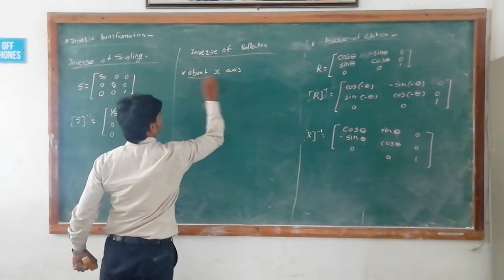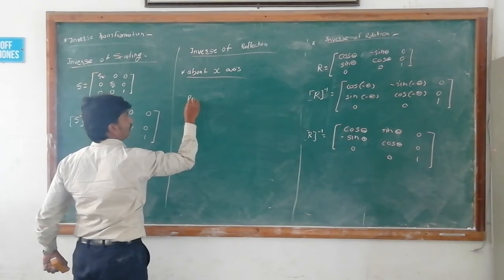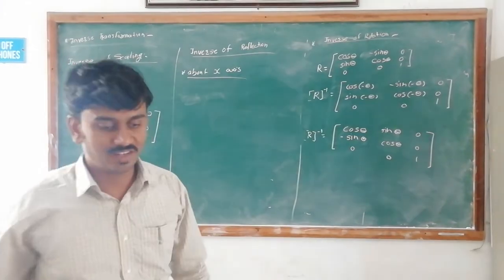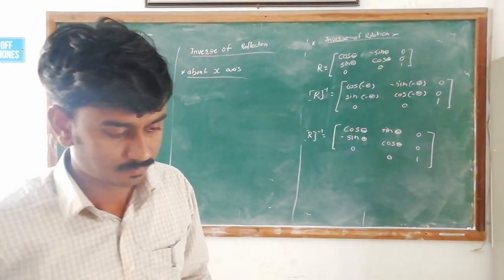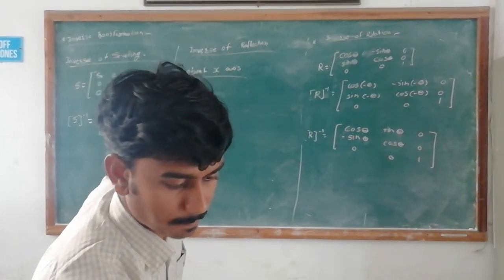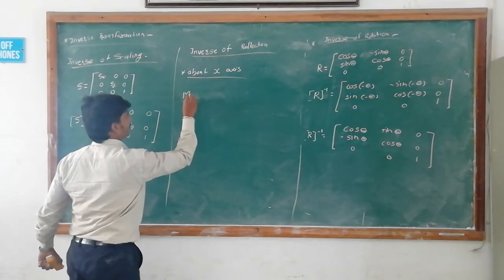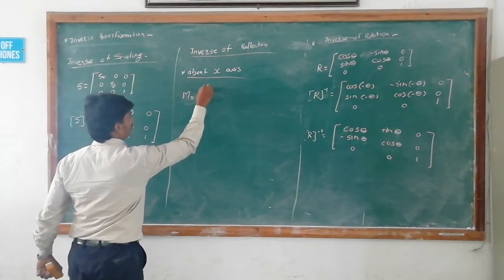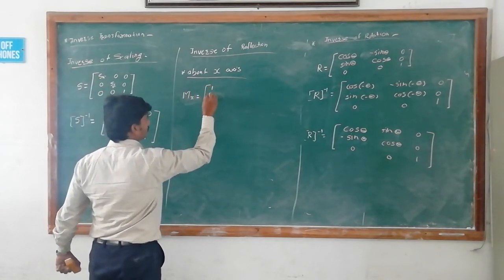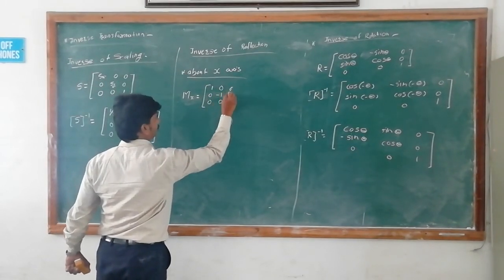The reflection matrix is denoted by R, and the notation for reflection about the x-axis is Mx. It has a value of 1 0 0, 0 minus 1 0, 0 0 1.